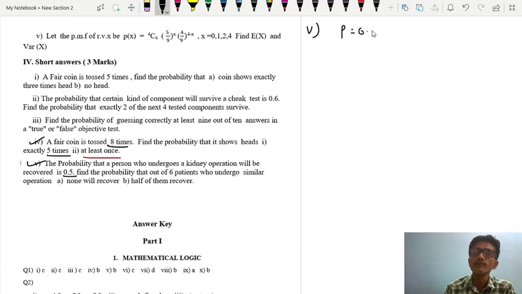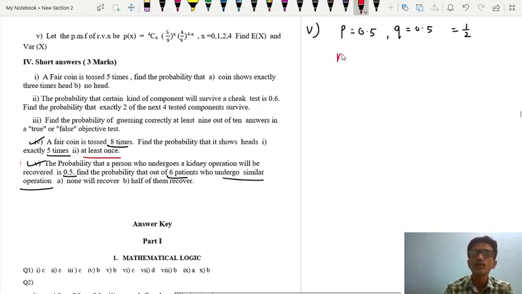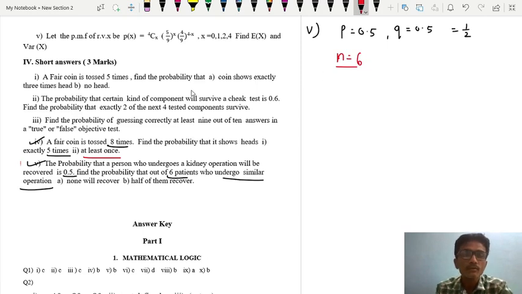Probability is 0.5 and the probability of failure will also be 0.5, so for our convenience you can write it as 1/2. Now 6 patients undergo a similar operation, that means the number of trials n is equal to 6.